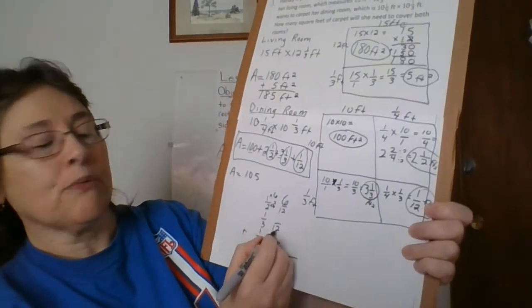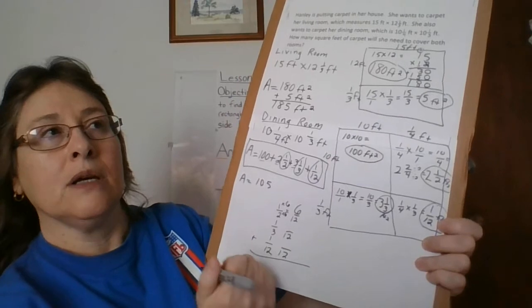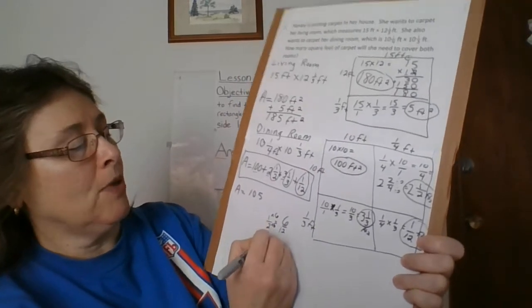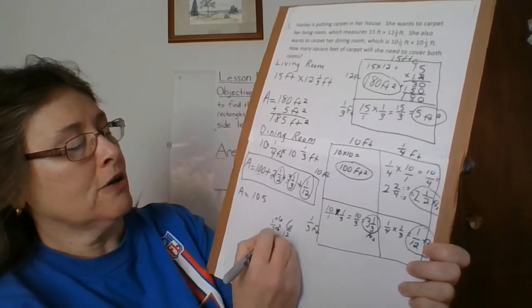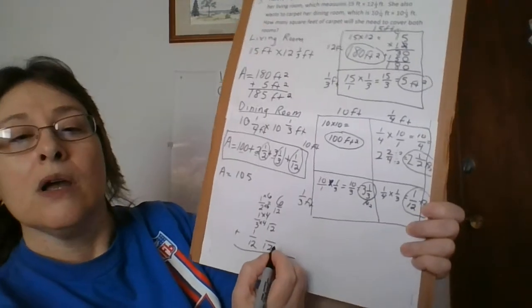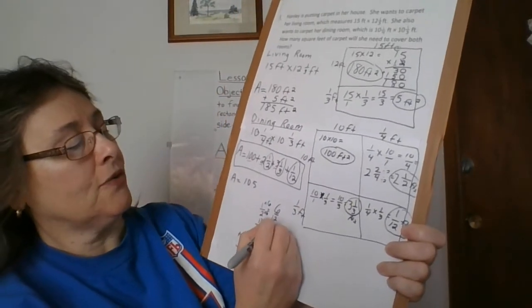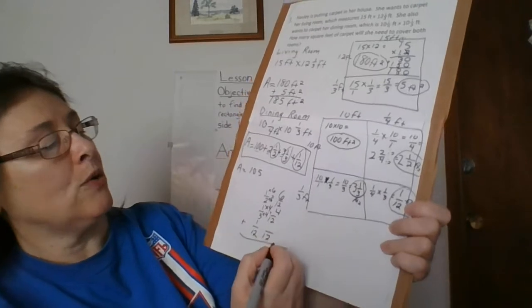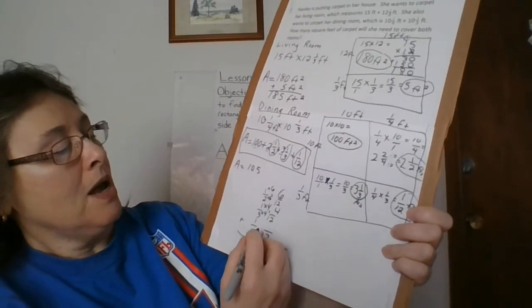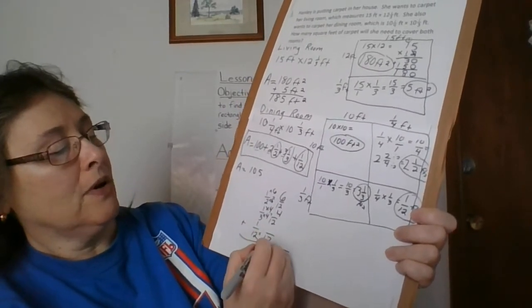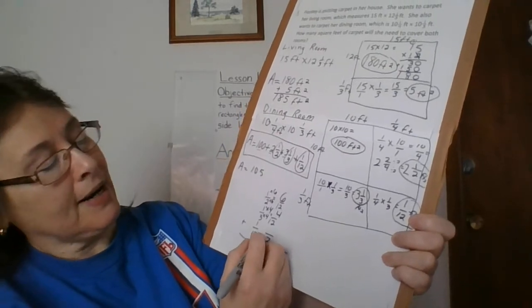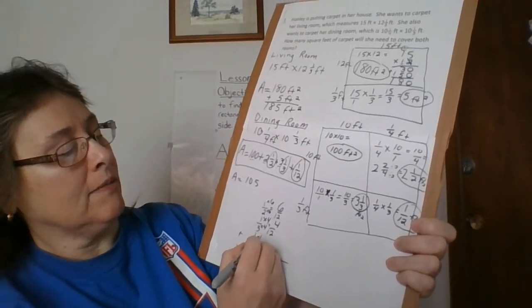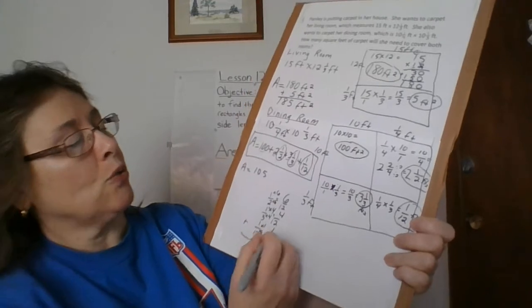What did I multiply 3 by to get 12? 3, 6, 9, 12. I multiplied it by 4. So I have to do 1 times 4, and 1 times 4 is 4. So these two are equivalent fractions. And 12, what did I multiply 12 by to get 12? I multiplied it by 1. So 1 times 1 is 1.